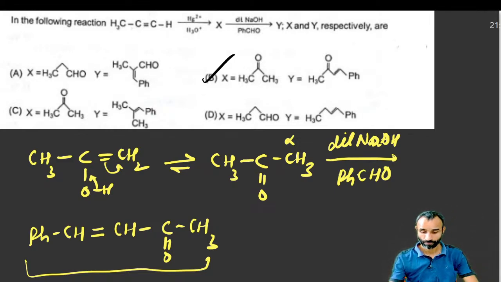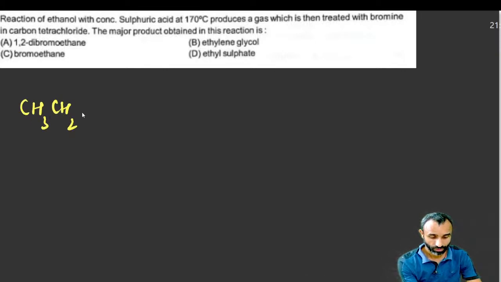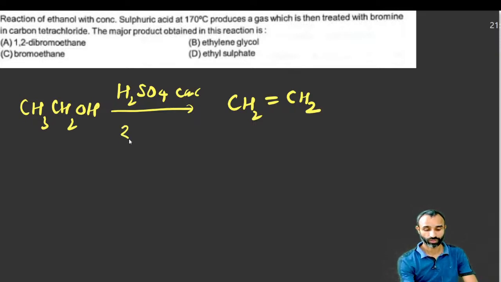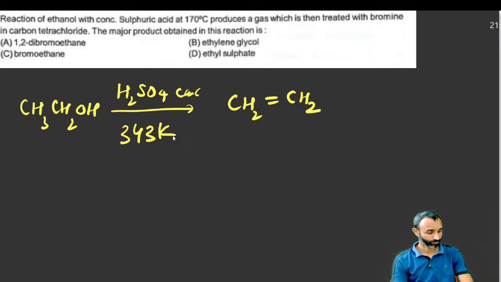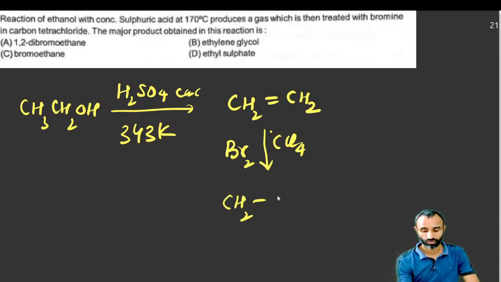Reaction of ethanol with concentrated H2SO4: first of all we get ethene, because it is 343 Kelvin only, which is then treated with bromine, so we get vicinal dibromide.